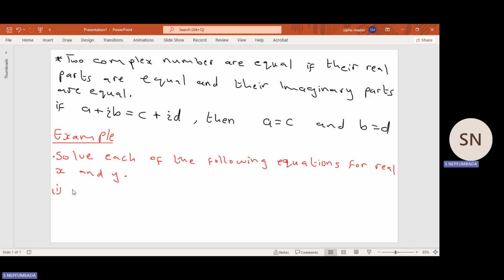So for the first one, we're given 4 plus 5i is equal to z minus (1 minus i).